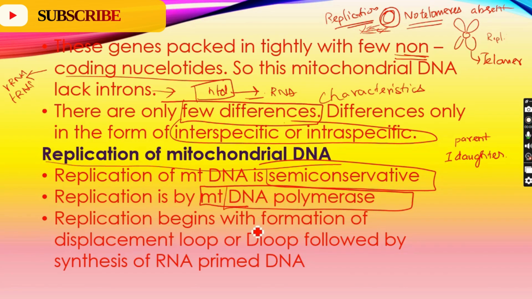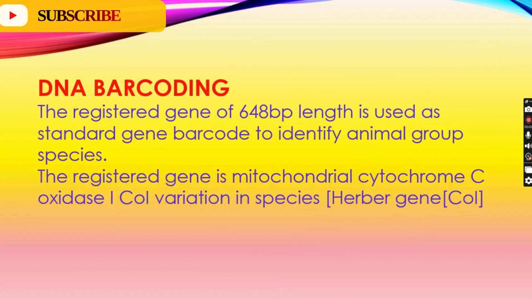This replication begins with the formation of a displacement loop, that is D-loop replication, which means there is an origin in the mitochondrial chromosome. Mitochondrial DNA is going to be looped off and the replication is going to take place.